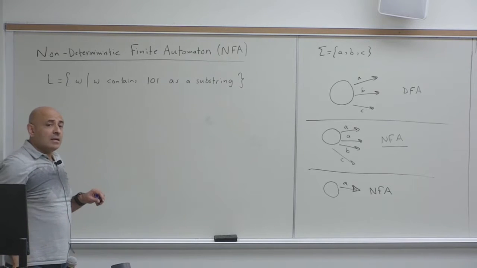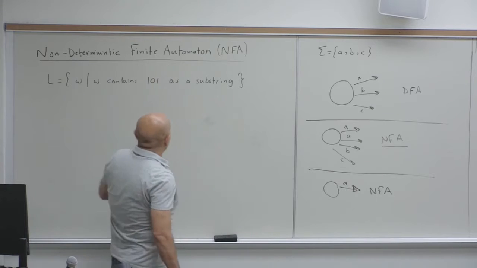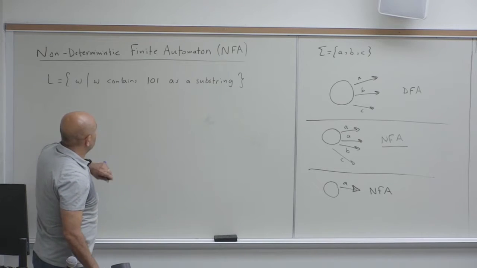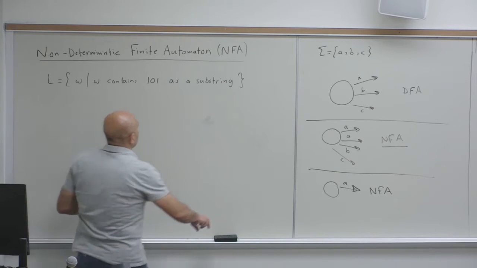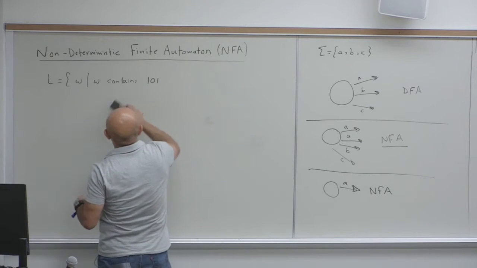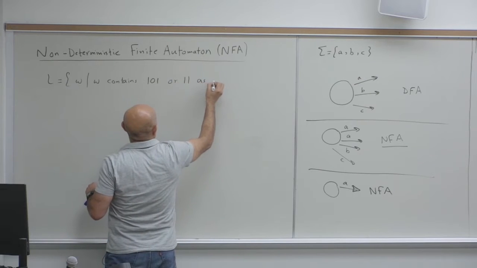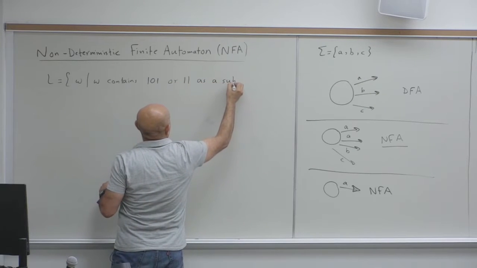That was the last example that we did last time, right? Now, what if I change this language? What if I make it a little bit more complex by saying it contains 101 or 11 as a substring?